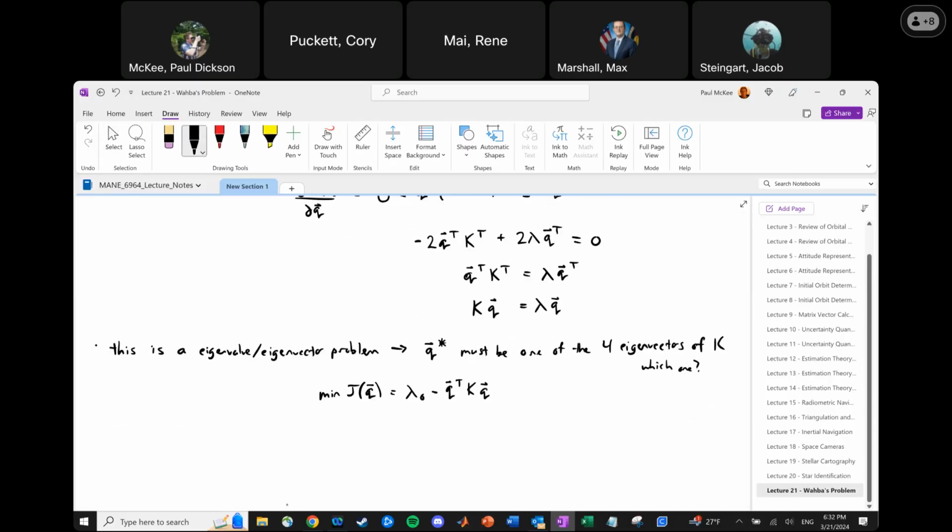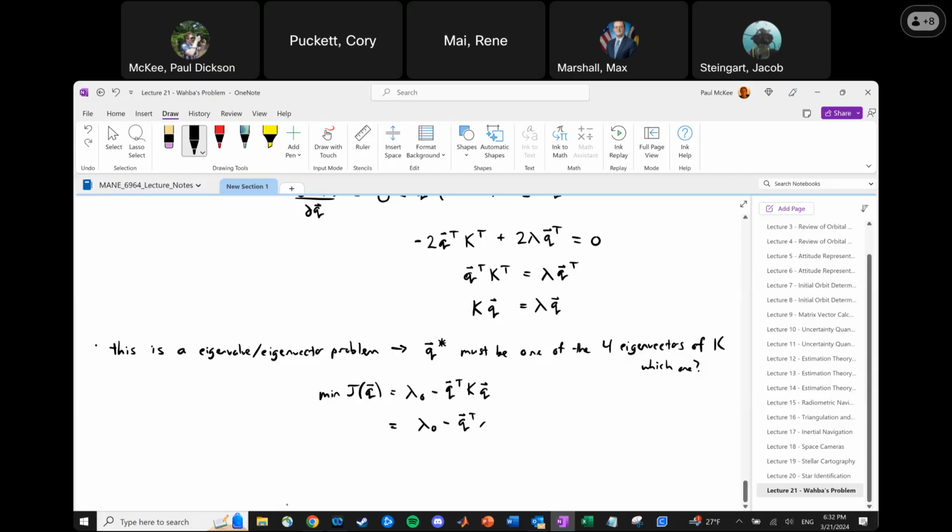In this case, we could say, all right, this equals lambda naught minus q transpose lambda q, right? That's the substitution that we're allowed to make here. So q transpose Kq is the same as q transpose lambda q, right? That's essentially what we're saying here. And so we're going to make that substitution.